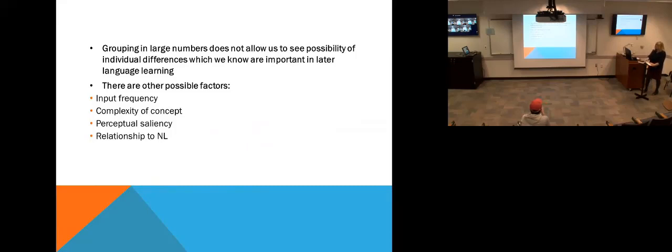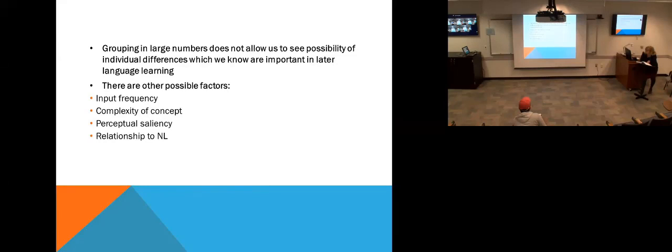How often do they hear that morpheme in the input that they have? Do they hear the plural S more frequently than they hear the ing, for example? So does that mean that they are more likely to acquire them in a certain order?